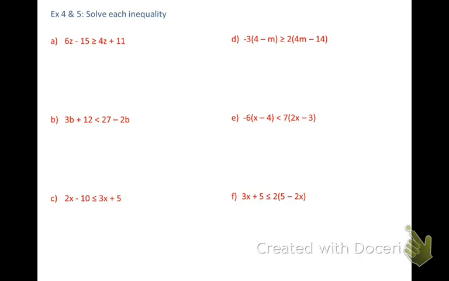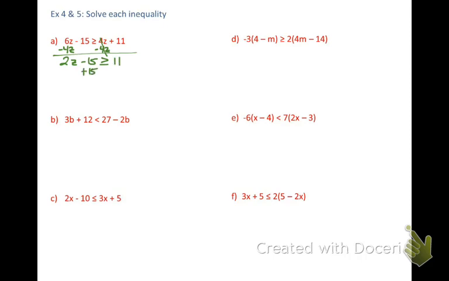There's no distributing on A, but I have variables on both sides, so I'm going to take my smaller variable. You can do your bigger one, or you can do your numbers first. It does not matter. I'll do 4z to both sides. And then I have 2z minus 15 is greater than or equal to 11.